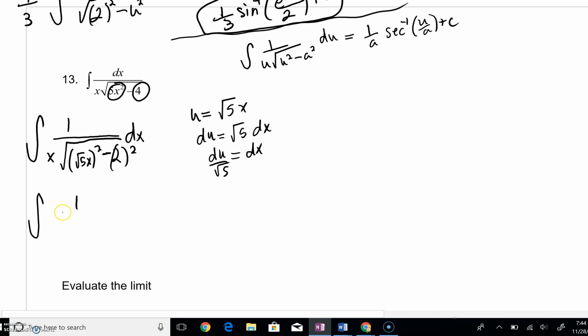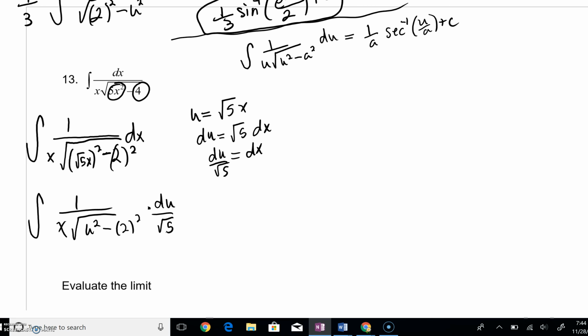So what gets kids a little bit nervous here, understandably, is the fact that, as you begin to work this out, the u part is the easy part, of course. The dx, you get your du all over radical 5. Again, inverse secant is that problem where things don't seem to be quite right.